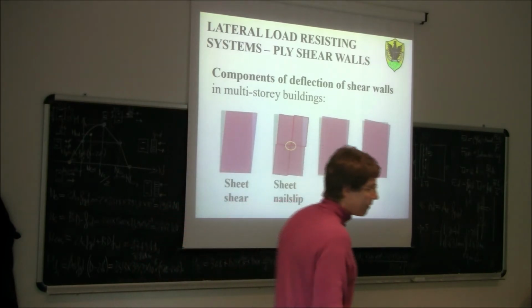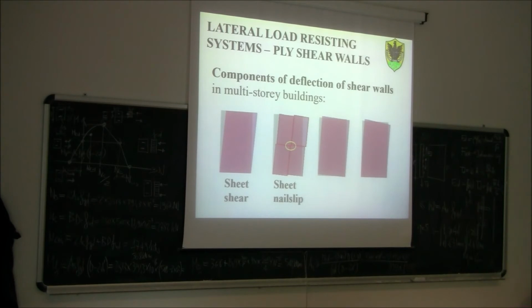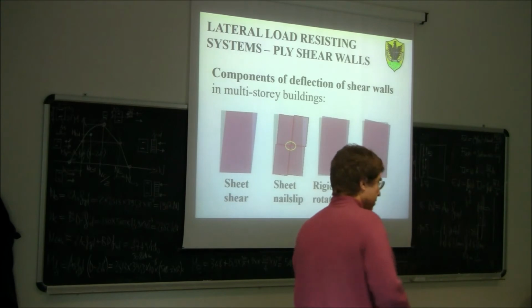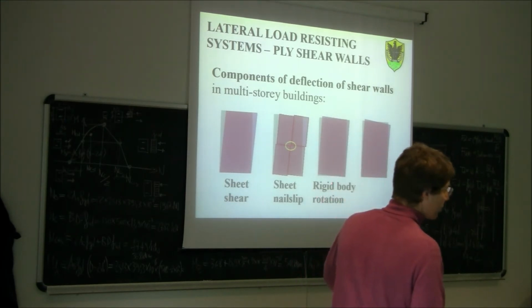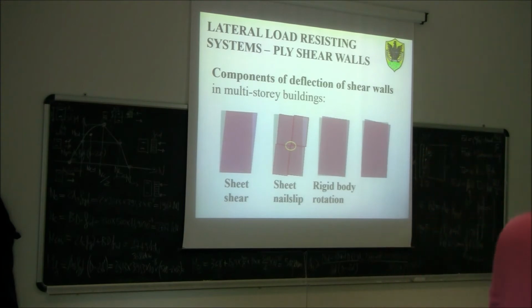Then we have the slip between the nails and the sheathing, so the flexibility of the sheathing to frame connection. This will give us another component of deflection. Then we have what we call rigid body rotation. The wall could basically rotate rigidly because we have a stretching on one side, for example going down, and a squashing on the other side, on the timber.